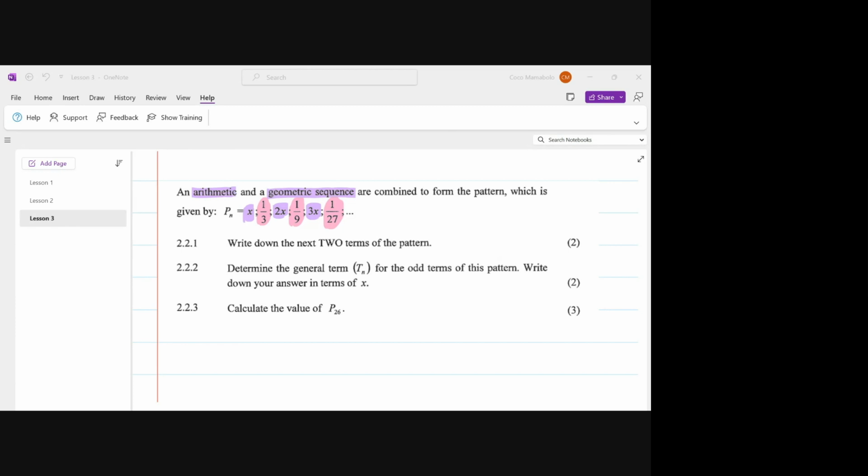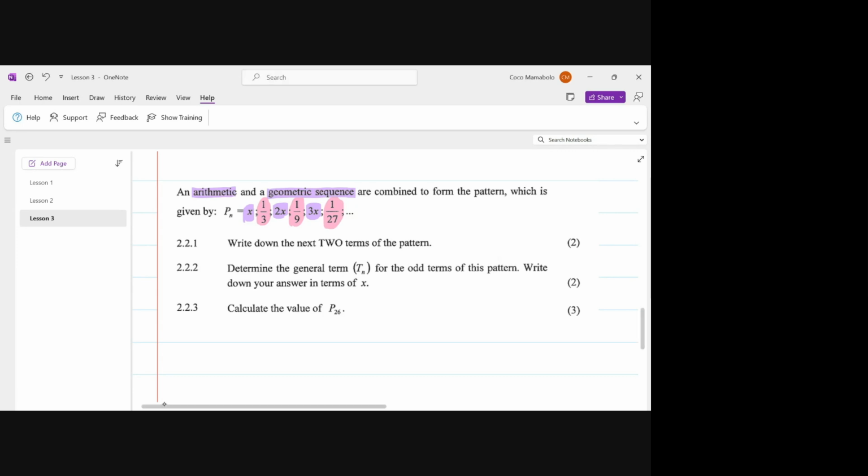The pink one, okay. Why, Didimala? Why do we say the pink one? Common difference, okay. So we can look for a common difference.